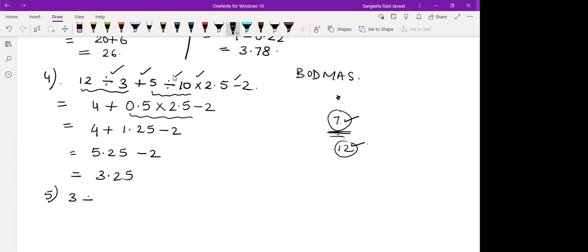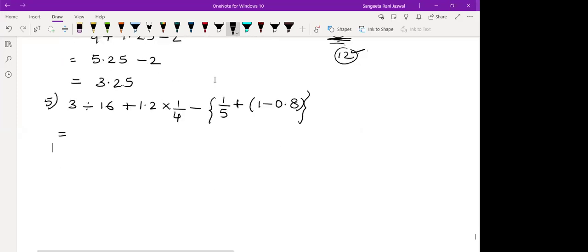3 divided by 16 plus 1.2 into 1 by 4 minus, inside the bracket you have 1 by 5 plus 1 minus 0.8. So try this question. Do each step one by one carefully. Ma'am, how to do this?